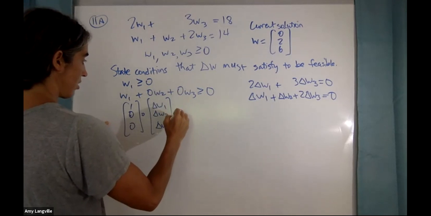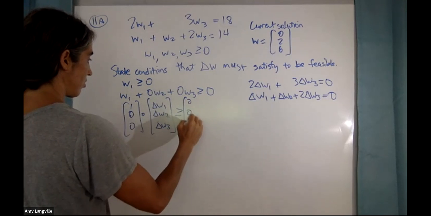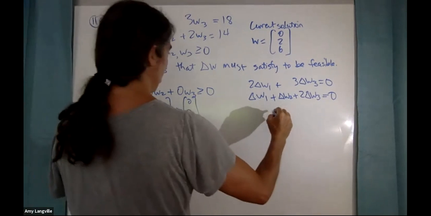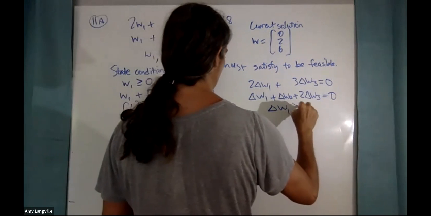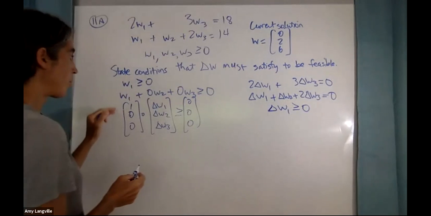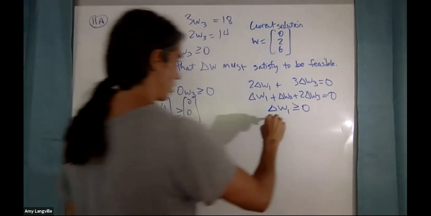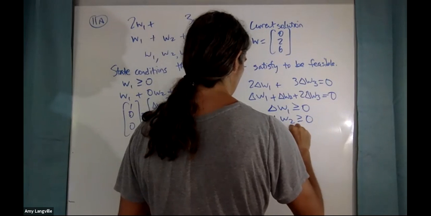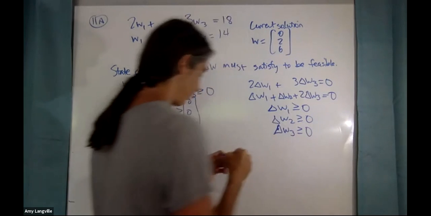Because it was greater than, this has to be greater than or equal to 0. So really we just get one condition, delta W1 greater than or equal to 0. The same thing happens when you do it with W2 and W3, so we get to the same place: delta W2 greater than or equal to 0 and delta W3 greater than or equal to 0.